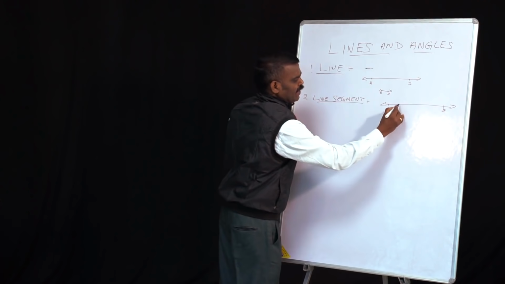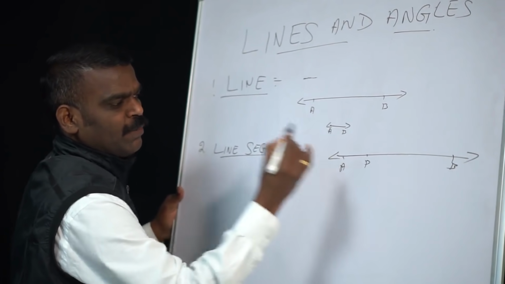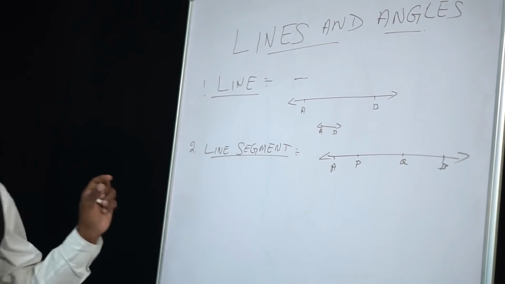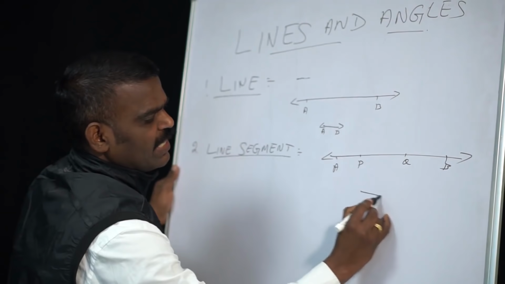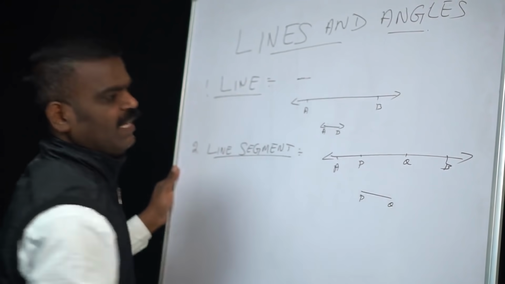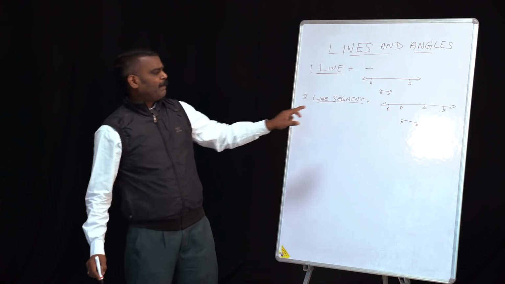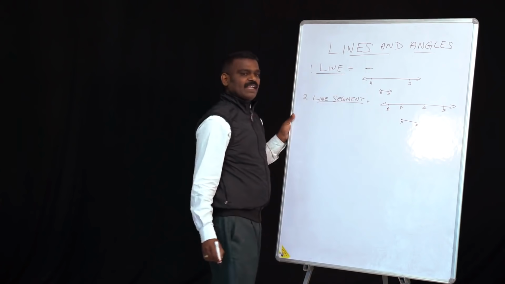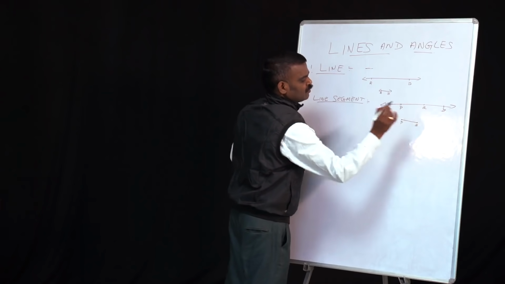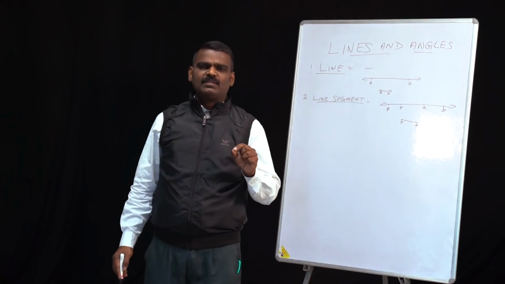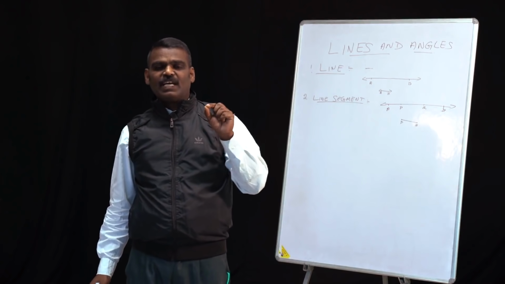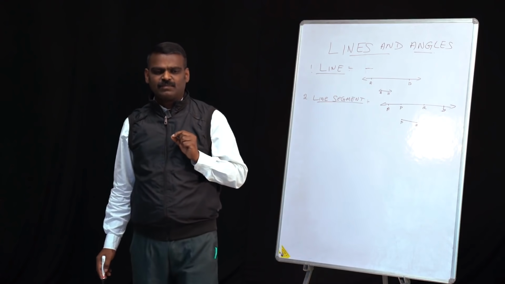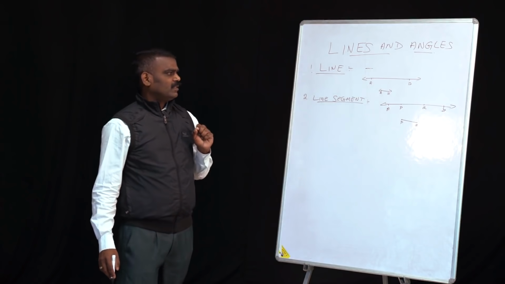Suppose you take a point called P on the line AB, another point called Q. Now PQ, you just cut off and you can take a portion of a line AB. So this PQ has a starting point that is point P and it ends at Q. So line segment is a part of a line which has starting point as well as ending point. Clear? You can also write down.